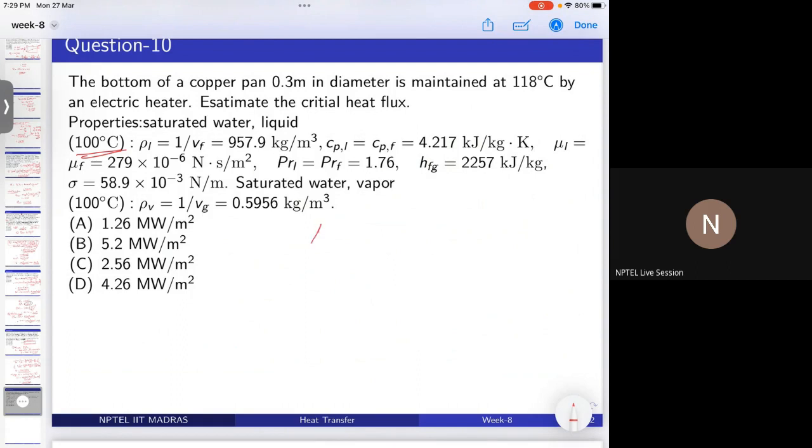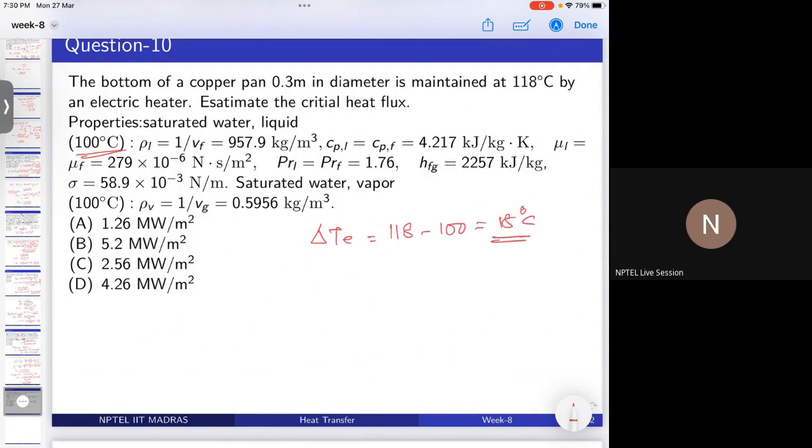What is delta TE? Can you look and say? Yes, it is 118 minus 100, which is 18 degrees Celsius.